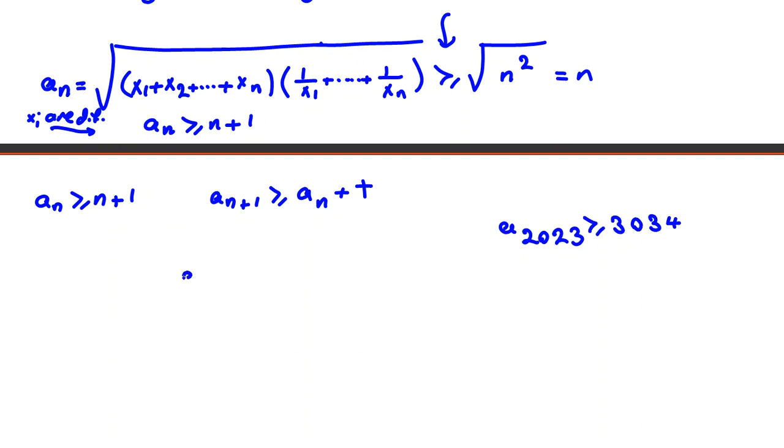Let me first move it here. From this part, I know that an plus 1 minus an is greater than or equal to t. So a2023 minus a2022 is at least t.